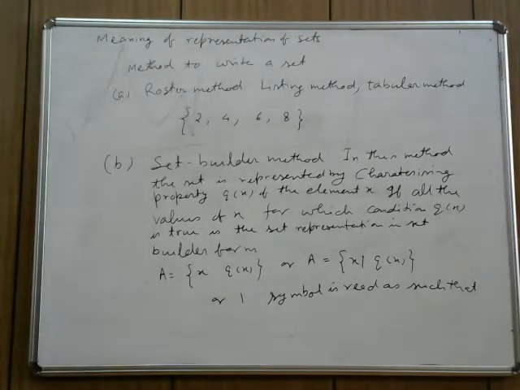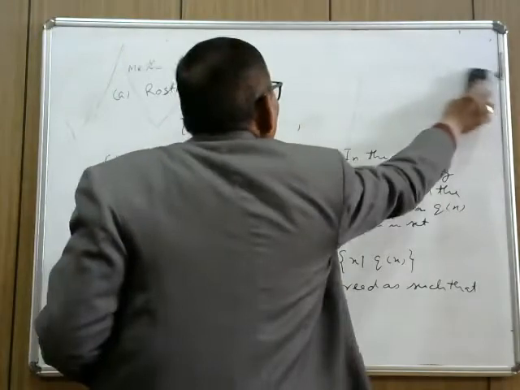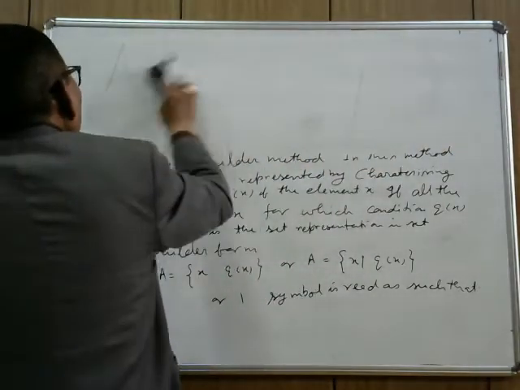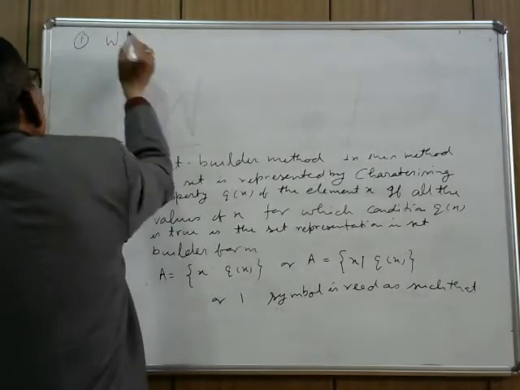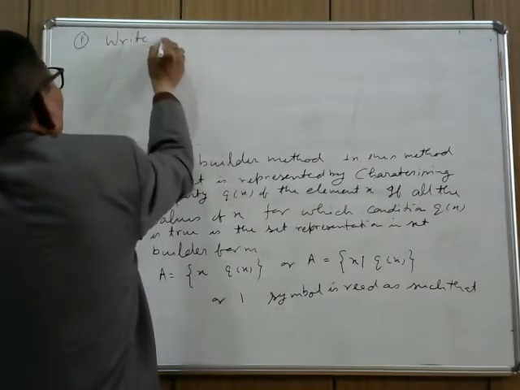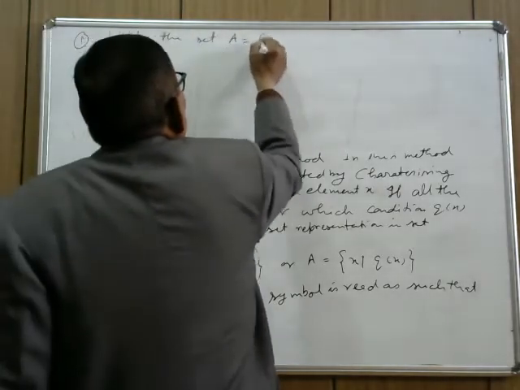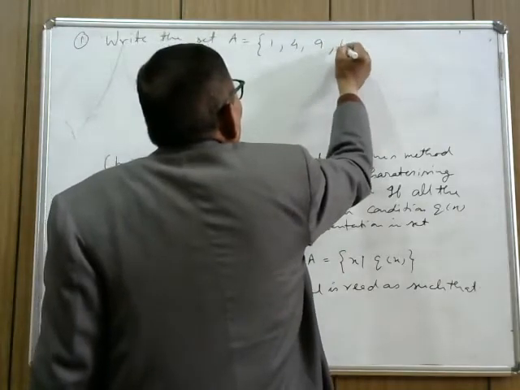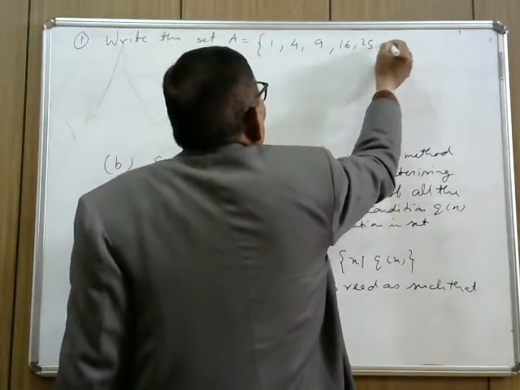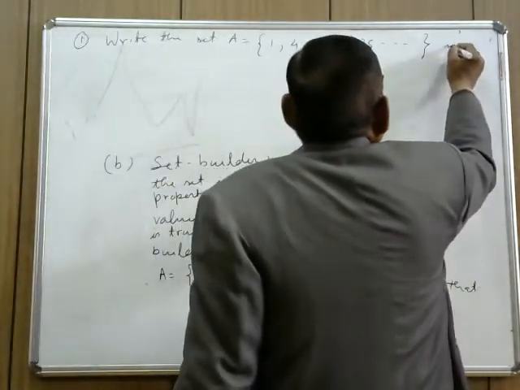Now an example: write the set A equal to 1, 4, 9, 16, 25 and so on in set builder form.